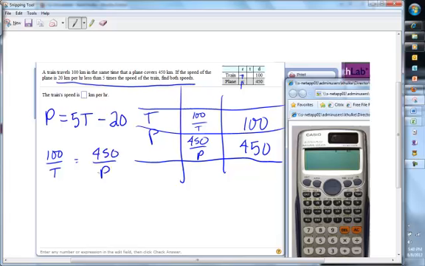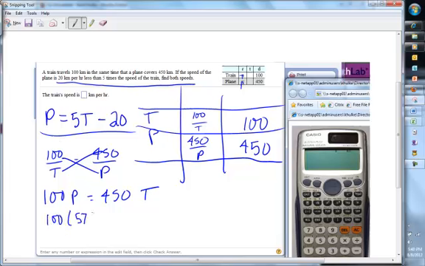Let's cross multiply them so that they're equal. 100p equals 450t. And then we have the other equation right here. We could substitute. Let's try that. So 100 parentheses 5t minus 20 equals 450t.